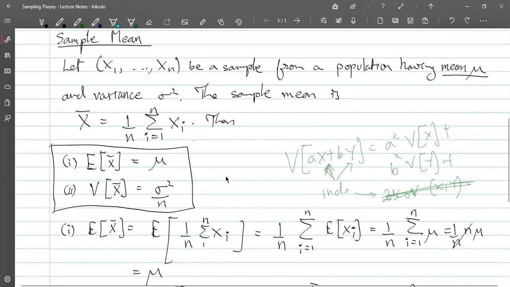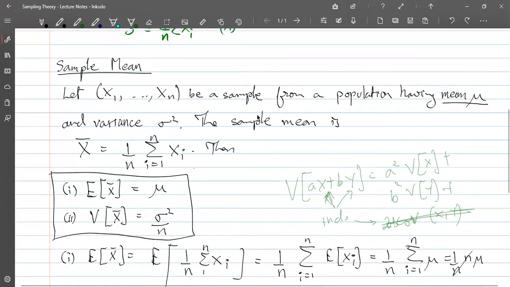Then, this still does not tell us what exactly this distribution is. But in the case of a normal distribution, suppose x itself has a normal distribution, which very often is the case. In large populations, you can always approximate it by a normal distribution.